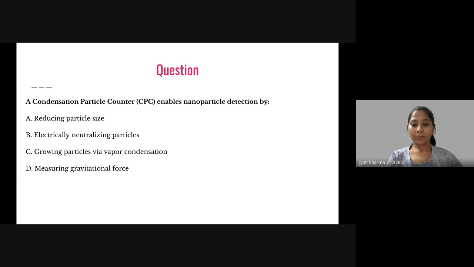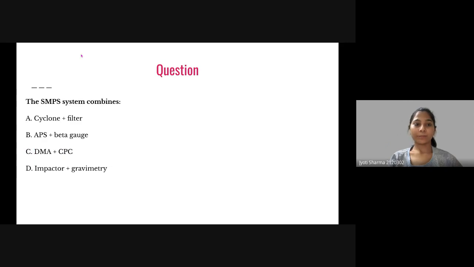From the name itself it suggests that we have small particles and we are first aggregating them. So we are growing the particles, and then we are doing the condensation, and based on that we are able to detect the nanoparticles. So yes, C is the right answer.